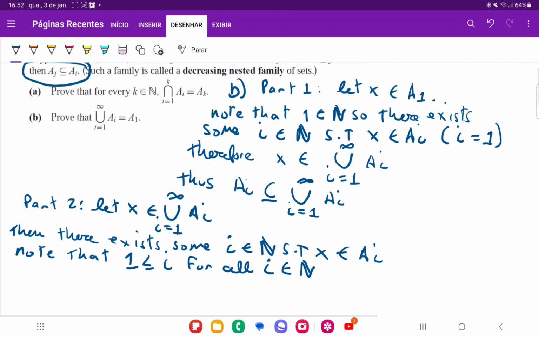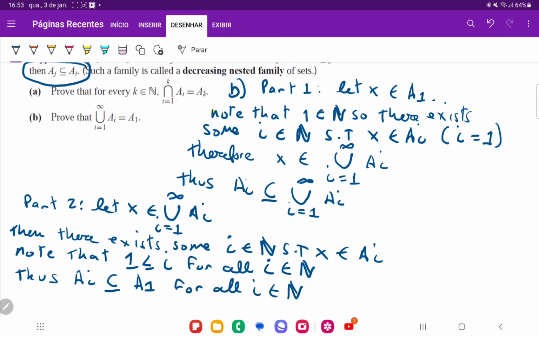So since I is greater than or equal to 1, it means that a sub I is a subset of a sub 1 for all I belonging to the natural numbers, right? Since I is greater than or equal to 1. So as x belongs to a sub I, right?